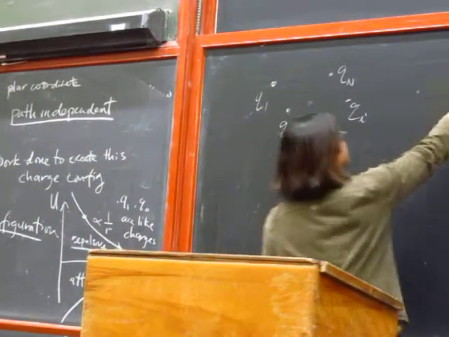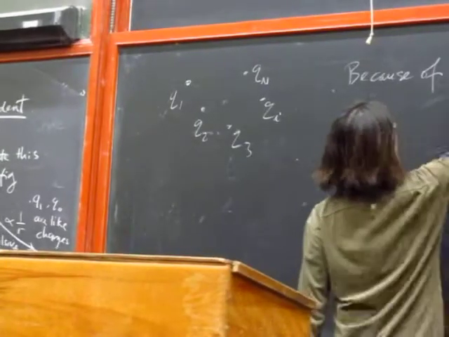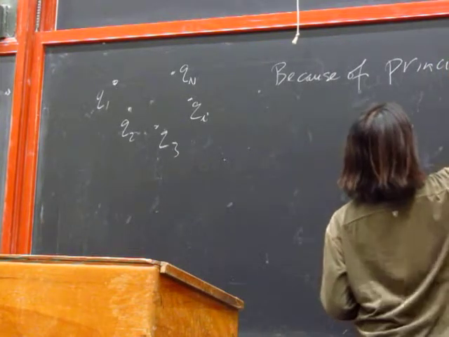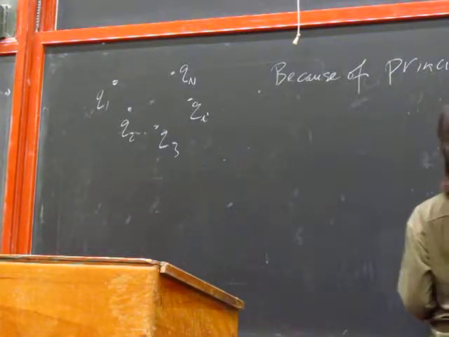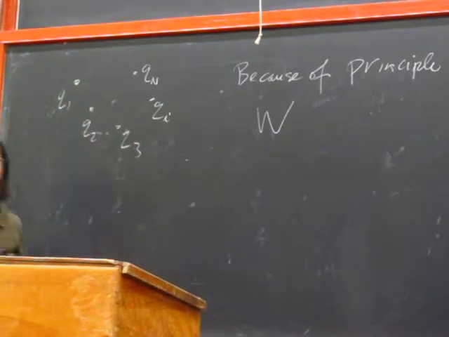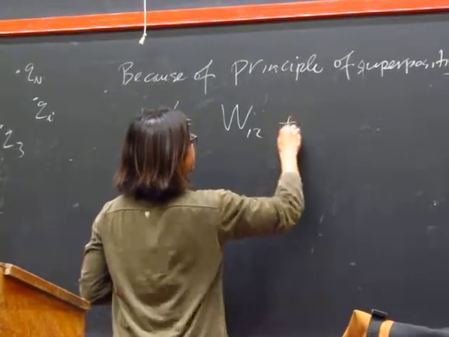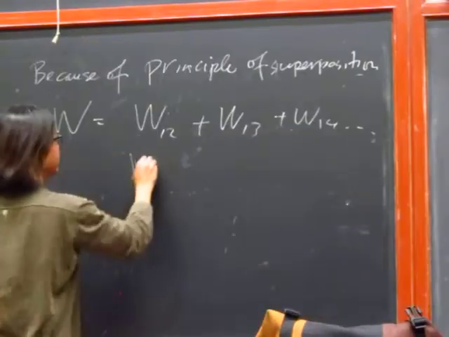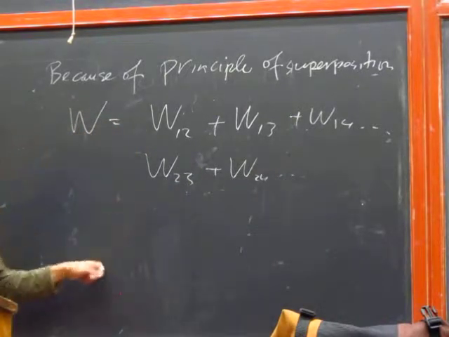Now, because of the principle of superposition, the total work done to assemble all this is the sum of the work done to assemble 1, 2, plus 1, 3, plus 1, 4, and so on, plus 2, 3, 2, 4, and so on.